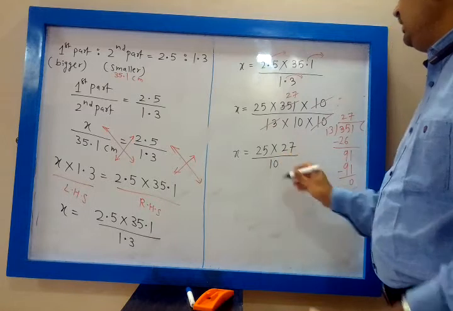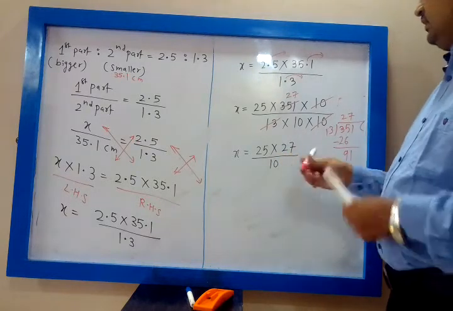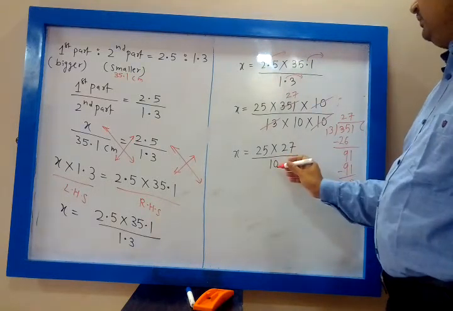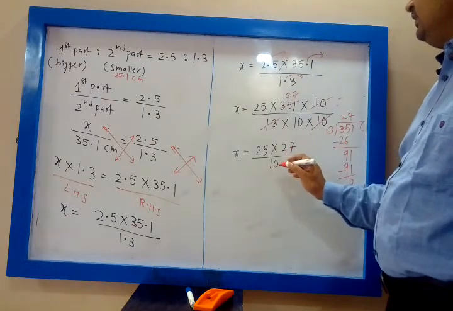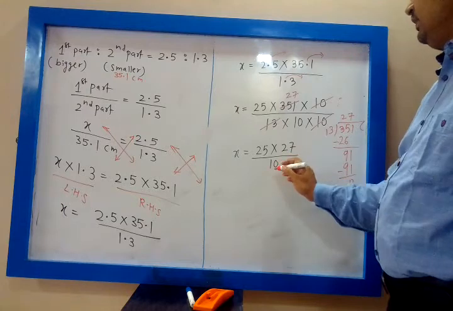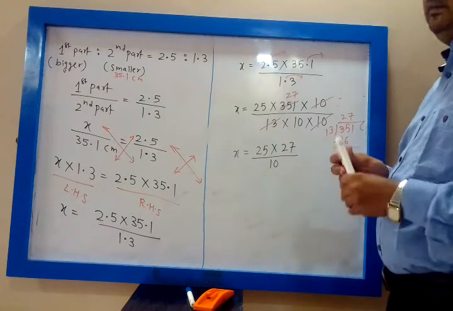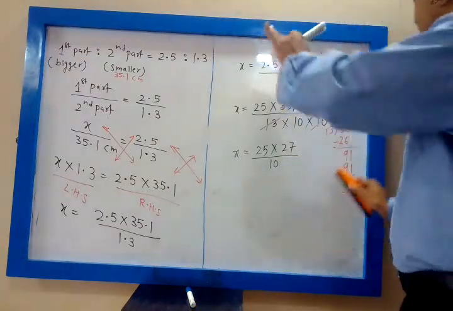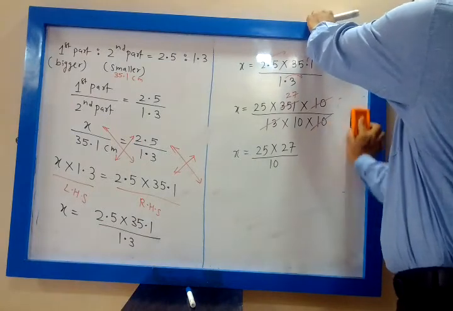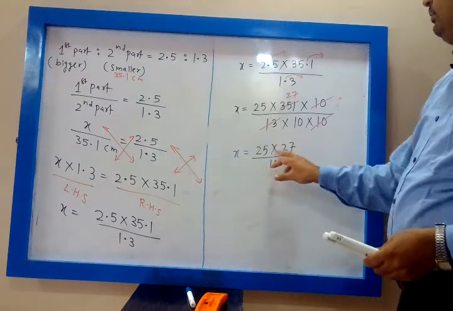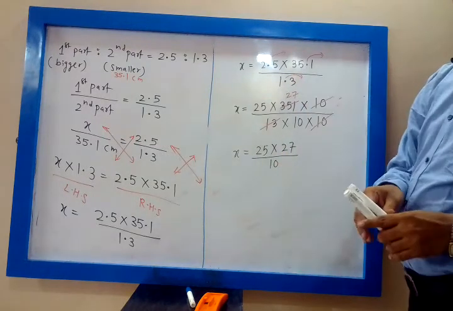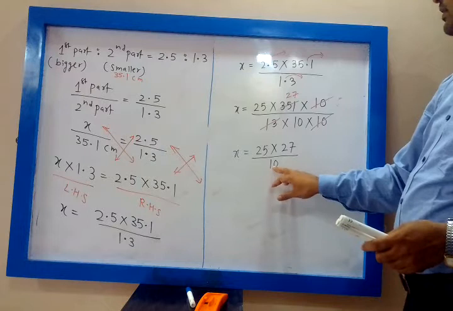Yes, my dear, you can cancel. So this is what I will advise. What I can do, see here, I will multiply and put the decimal, no problem, because this is not getting completely cancelled.